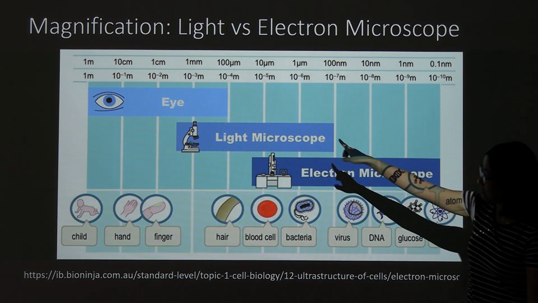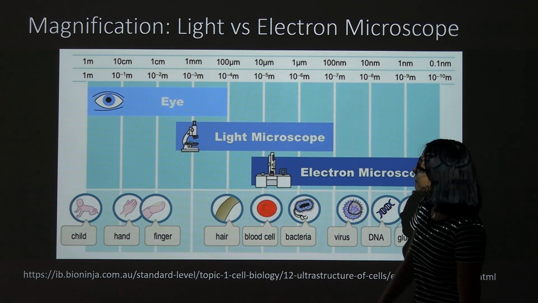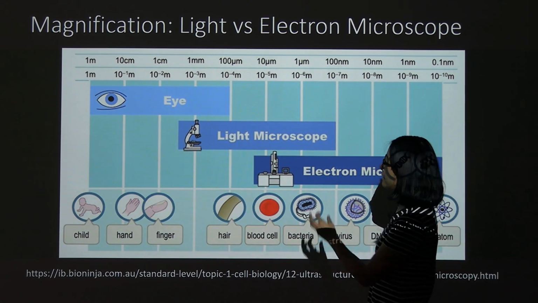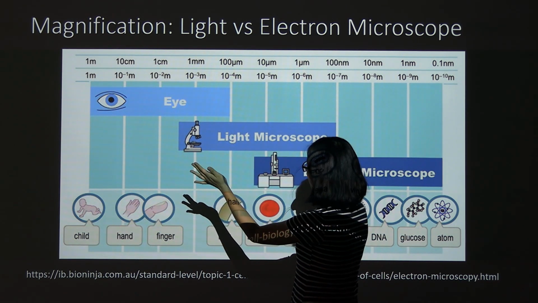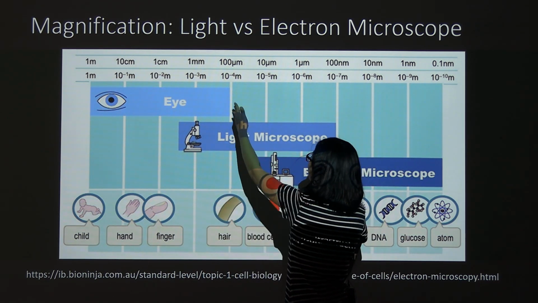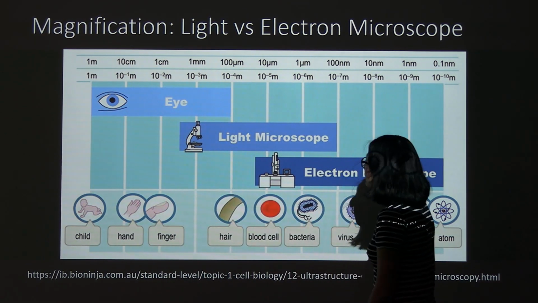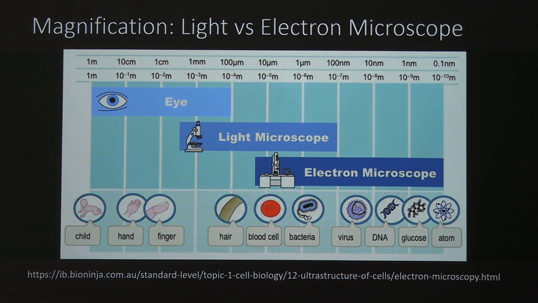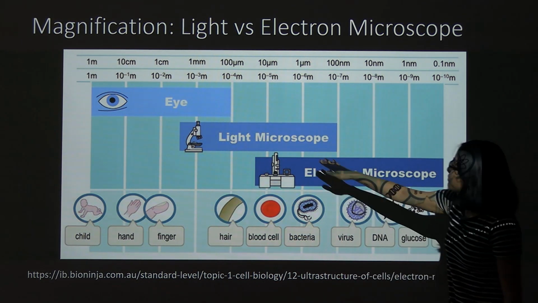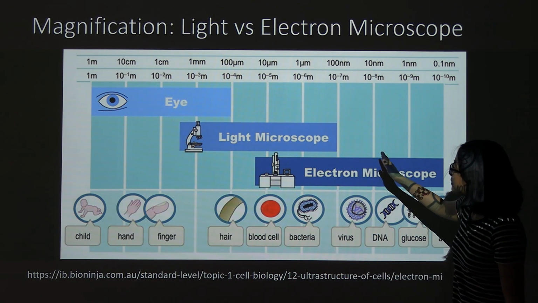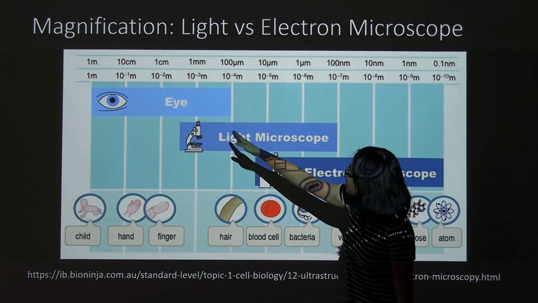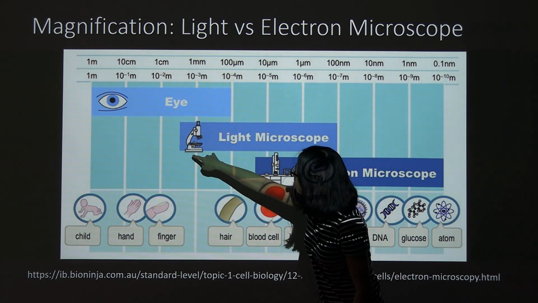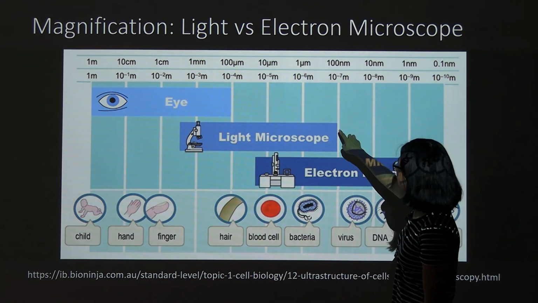With your eyes you can see sizes from 1 meter or more than 1 meter, down to 10 to the minus 4 meters. While a light microscope can recognize a range from 10 to the minus 3 until 10 to the minus 7.